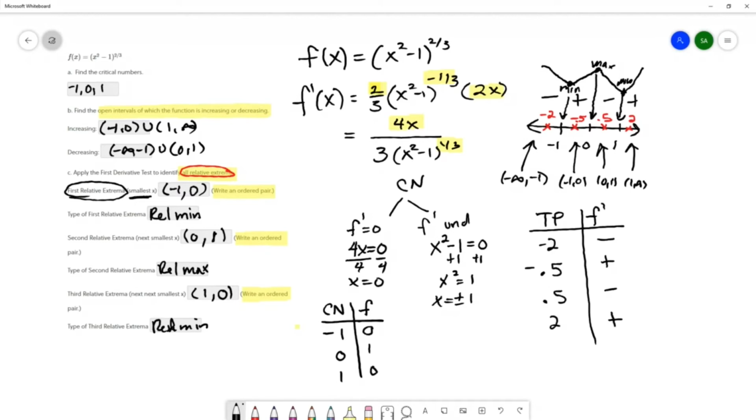So we have applied that first derivative test, and that first derivative test is recognizing this change from increasing to decreasing and decreasing to increasing to locate those mins and max. But you needed to do the work to build the chart first in order to read the chart.